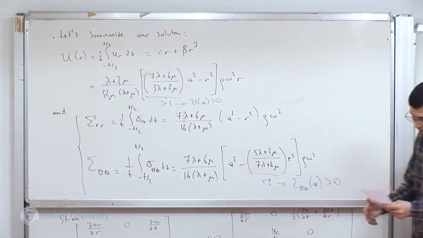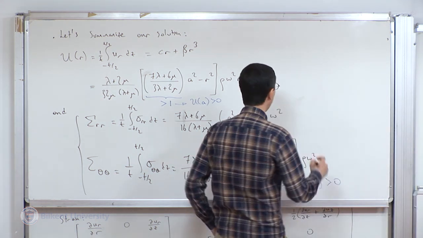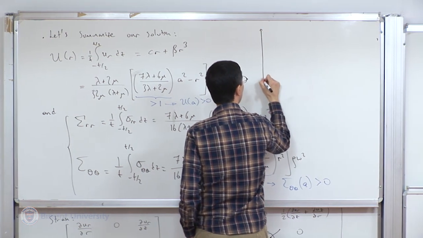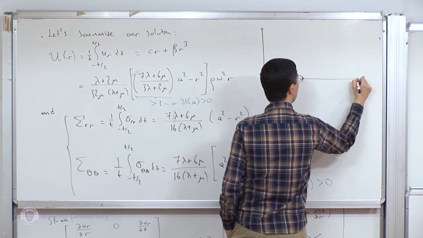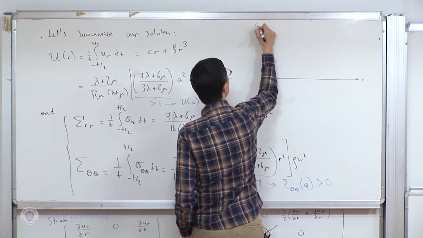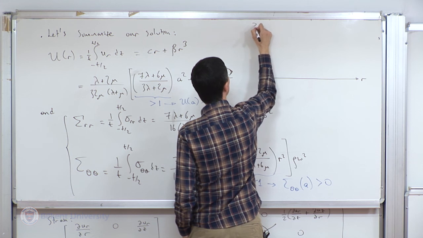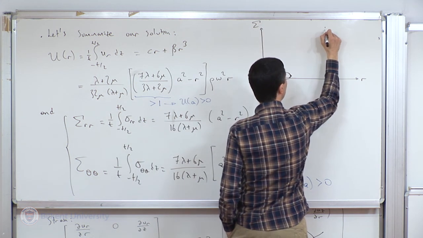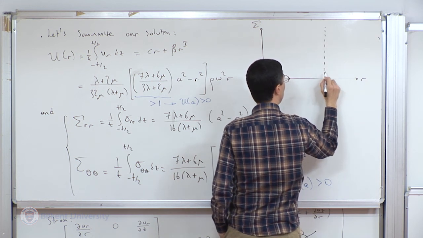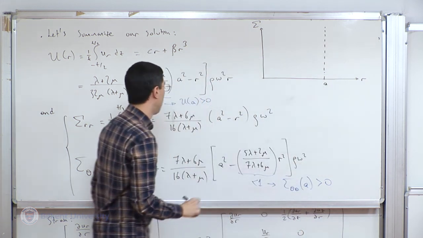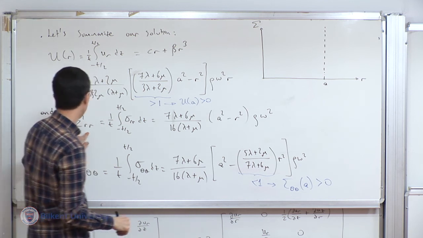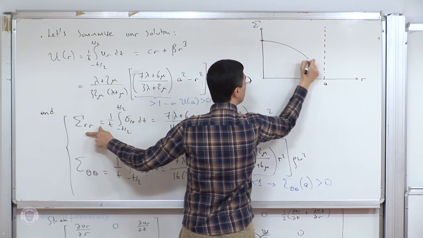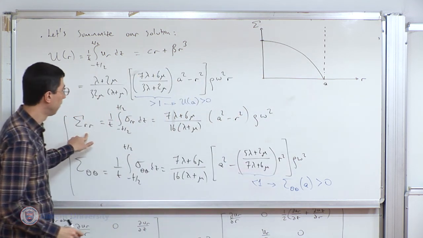Okay? And we can do a quick plot of the stress variations. This is the radial direction, and this is some stress component. Okay? And let's say this is r equals a. And sigma RR starts from a maximum and decreases to 0.